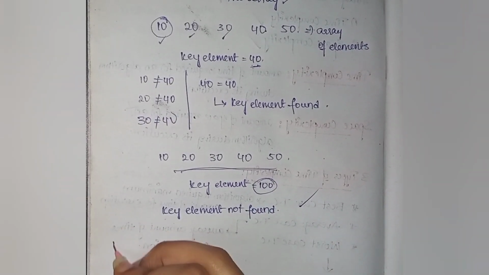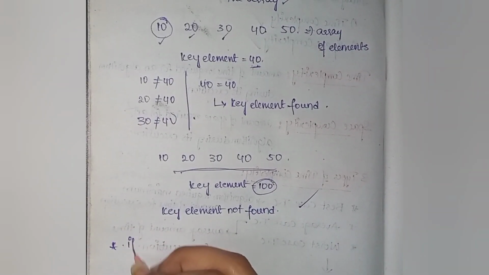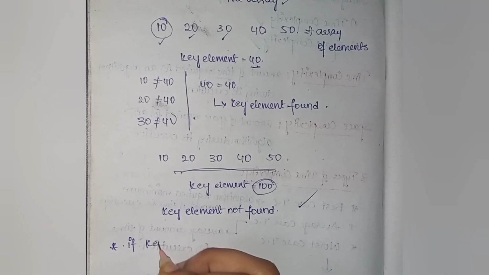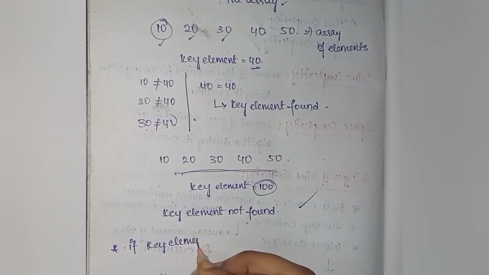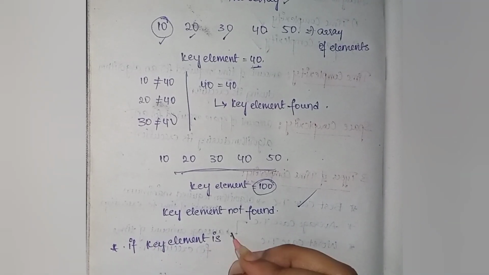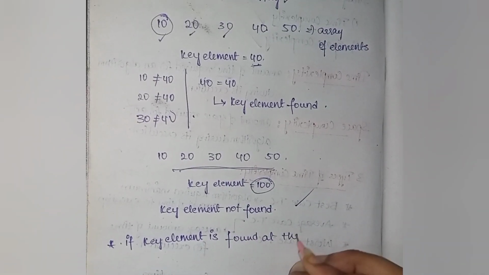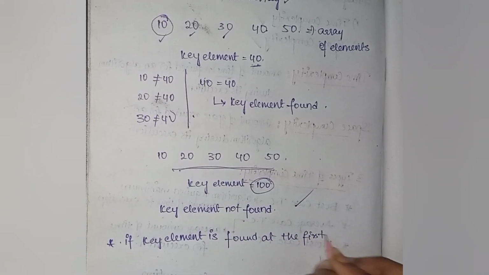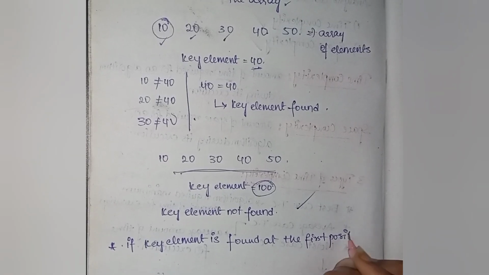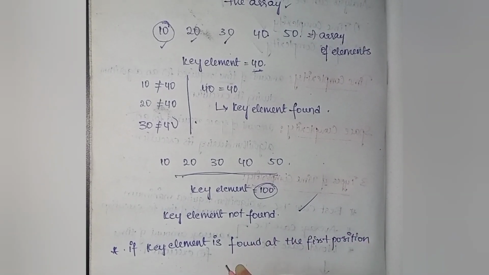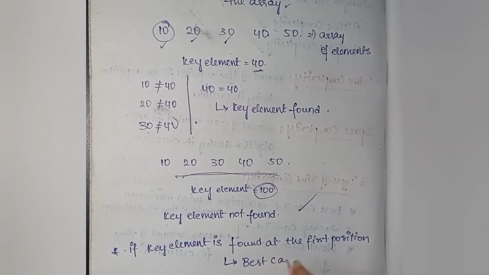See, if key element is found at the first position, then this is called as best case time complexity.